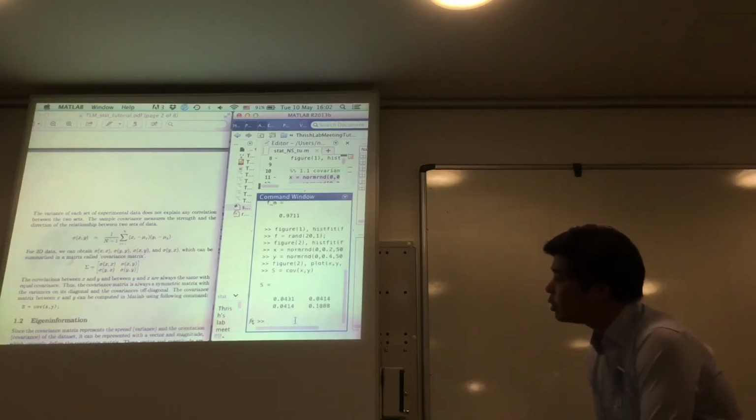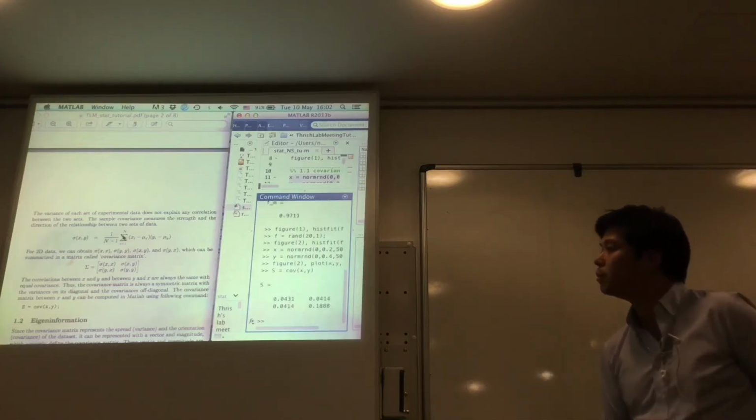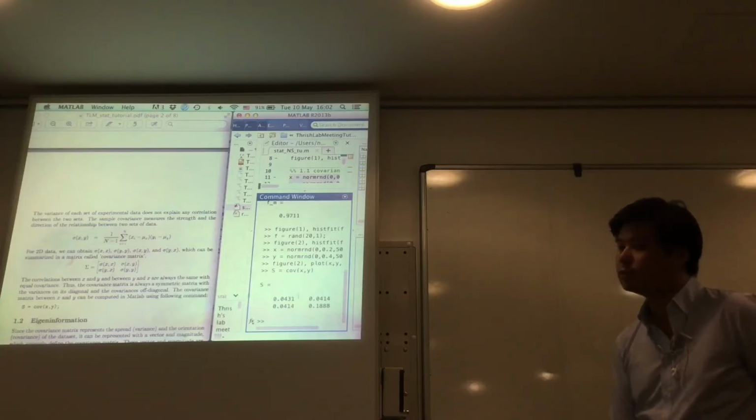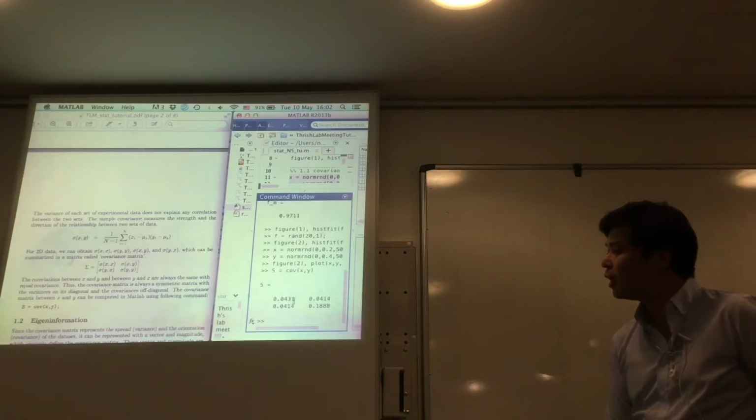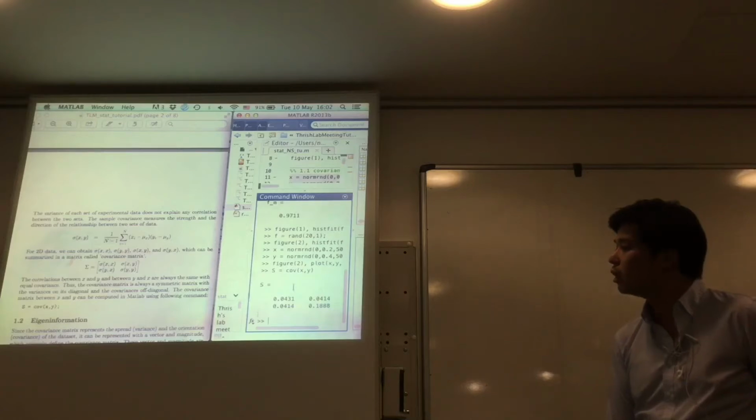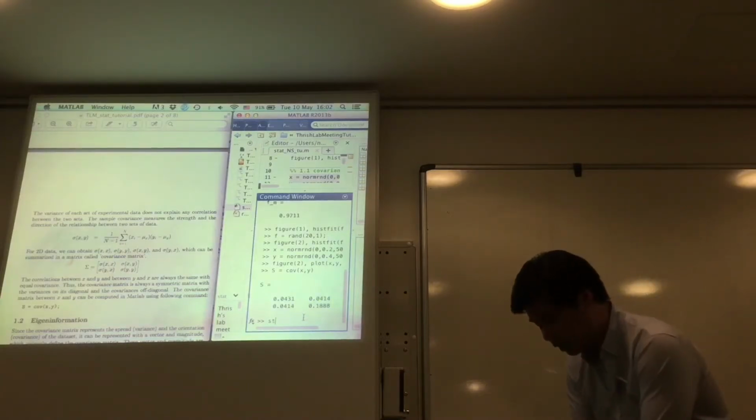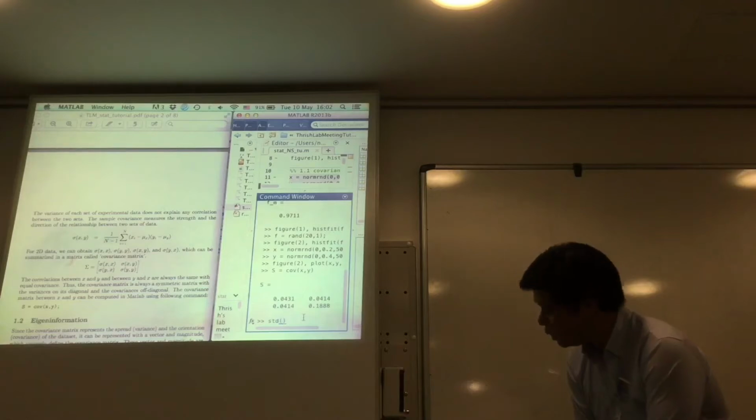So here is the covariance matrix. You can see the covariance is the same for X and Y. And this is the variance of X alone, the variance of Y alone. How can we check that this is the variance of X and this is the variance of Y? You can take the separate standard deviation or VAR. You can do VAR directly.